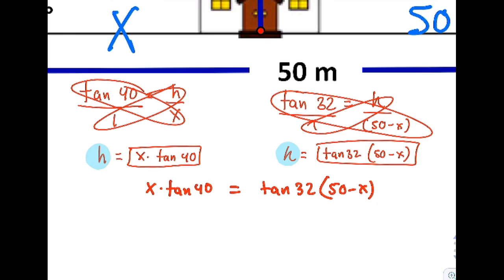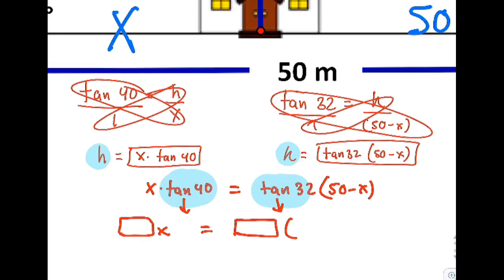All right, so then you type in on your calculator, find out whatever the tan of 40 is, find out whatever the tan of 32 is, and you're going to turn that into a decimal. So you're going to have that decimal right here times x equals this decimal, tangent of 32, times 50 minus x.